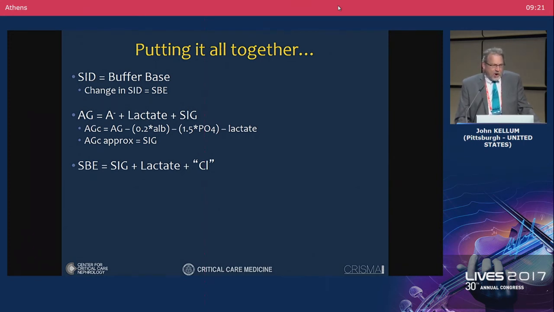The way to parse that out is to adjust for the A minus, using this formula, and then the corrected anion gap approximates the strong ion gap. The standard base excess will be determined by the unmeasured anion effect, the lactate effect, and then the chloride effect, or really the strong ion difference effect.